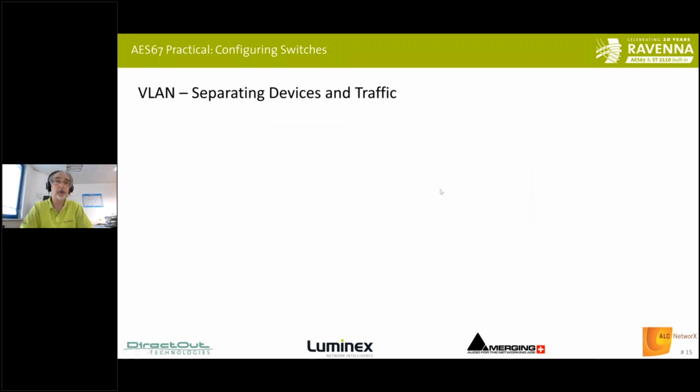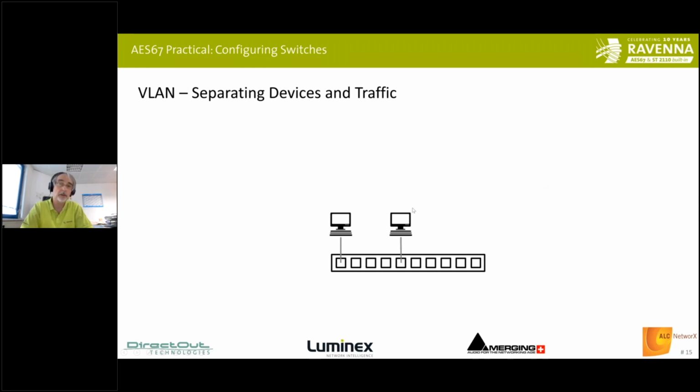Now we have another aspect which might help planning and setting up networks. That is VLAN, which is basically there for separating devices and traffic apart from each other. Let's assume we have a nice switch here, and we have connected some gear to the switch. We have 2 office PCs, which have office traffic like web, mailing, file copies, and so on.